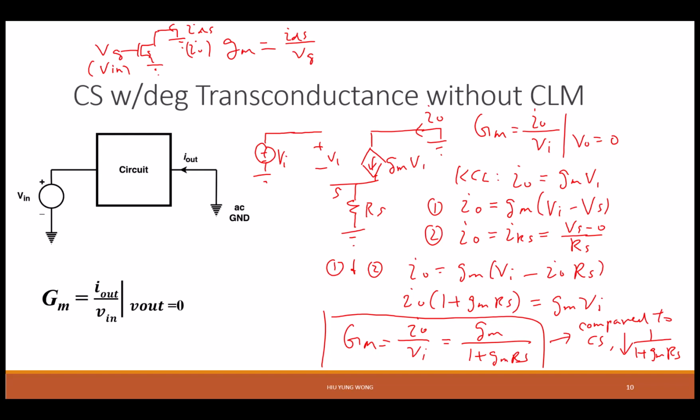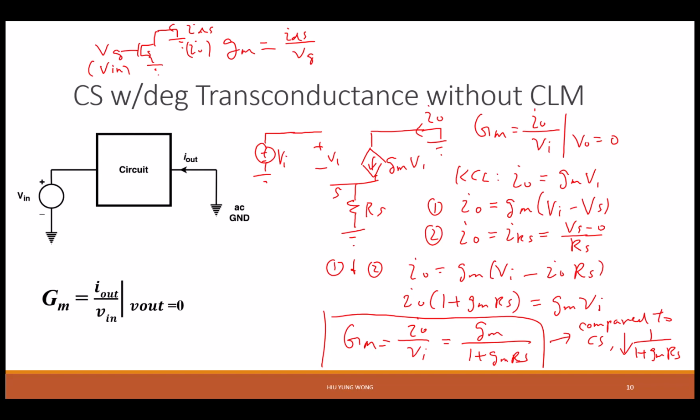We short the output to ground, right? And this is Iout. And then the transconductance of this circuit is Iout divided by Vin when Vout equals 0. Same definition. Okay?